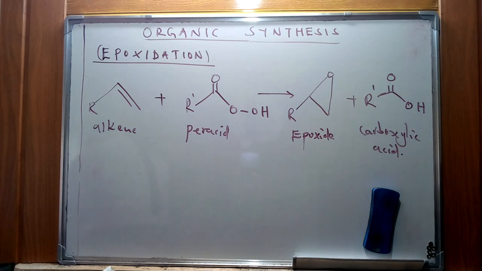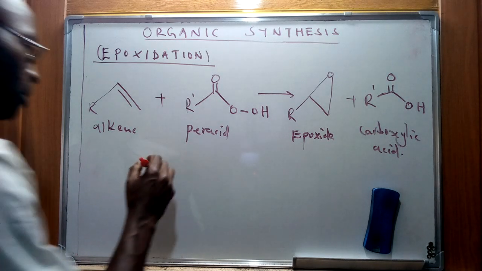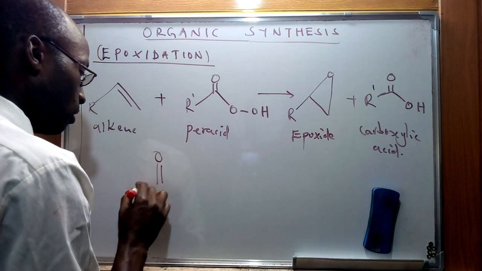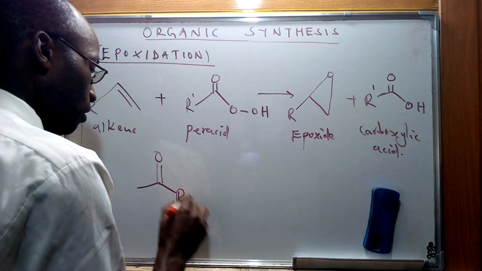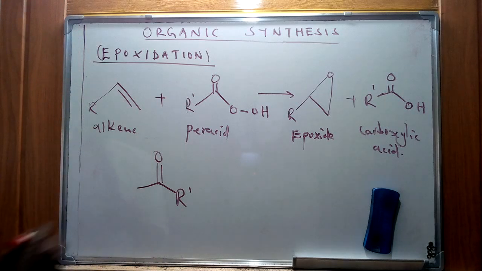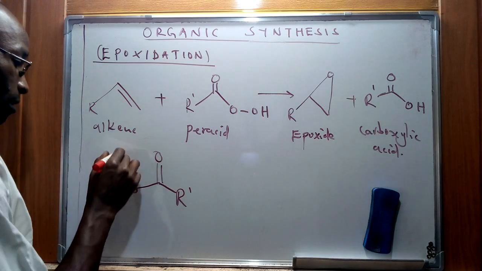Therefore I can just give a summary of this, but as I've said, we're going to elaborate on how these different reaction mechanisms are going to be experienced insofar as these peracids are concerned.